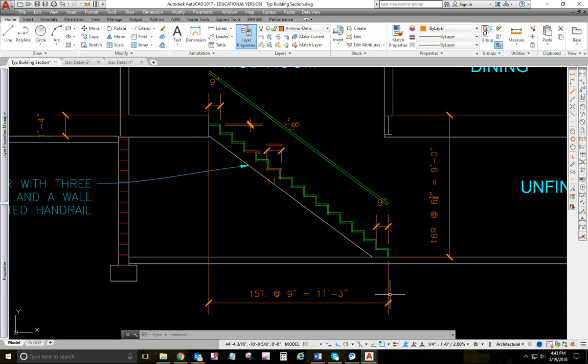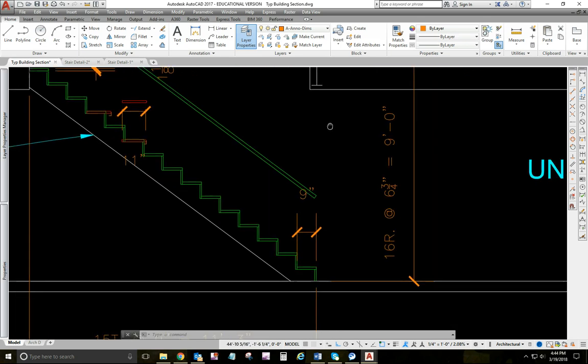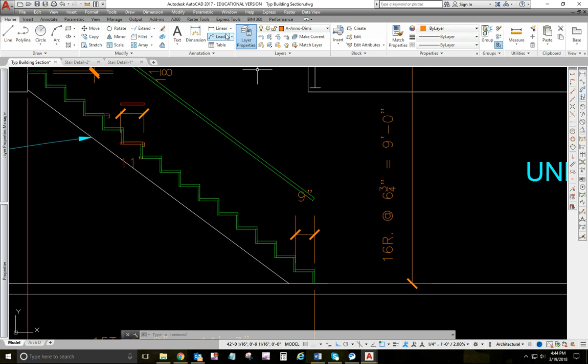Now, in your floor plan that you're working on, the bottom of the stairs is going to stick out beyond the opening that you have in the floor plan. So you don't have to draw a section like this, but in your wall section, you need to figure out this distance right here.